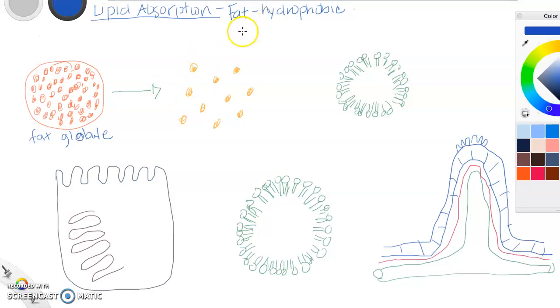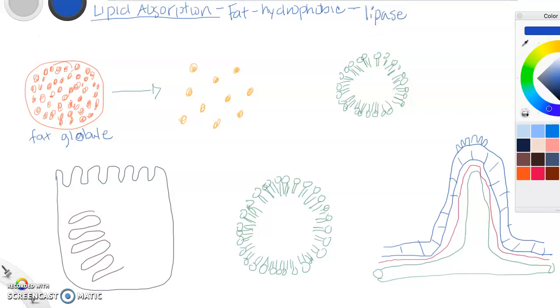Well, to chemically digest lipids, we have an enzyme that is secreted by the pancreas, and that is called lipase. And lipase is actually hydrophilic. So lipase, number one, needs help in order to work on and digest the fat.